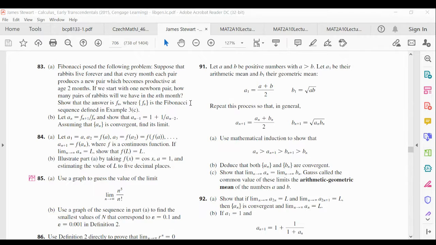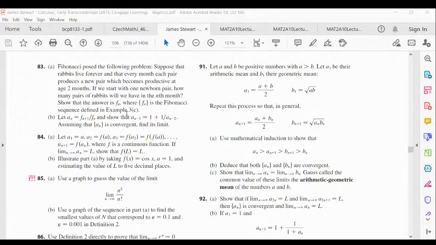Suppose that rabbits live forever, and each pair produces a new pair, which becomes productive at age 2 months. If we start with one newborn pair, how many pairs of rabbits will we have in the nth month?